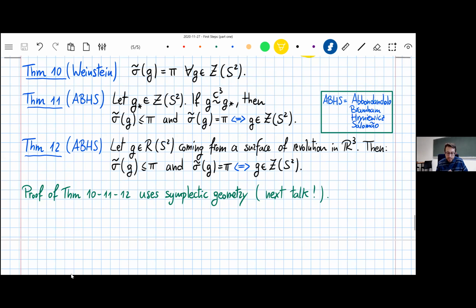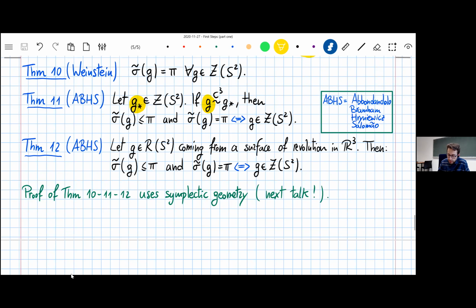The second result is by Abbondandolo, Bramham, Hryniewicz, and Salomão, and it tells us that Zoll metrics are exactly the local maximizers of the systolic ratio. So if you start with a Zoll metric G star and you consider a small perturbation G, and here you can also specify topologies, for example I think their argument works in the C3 topology and can be made a bit more precise.